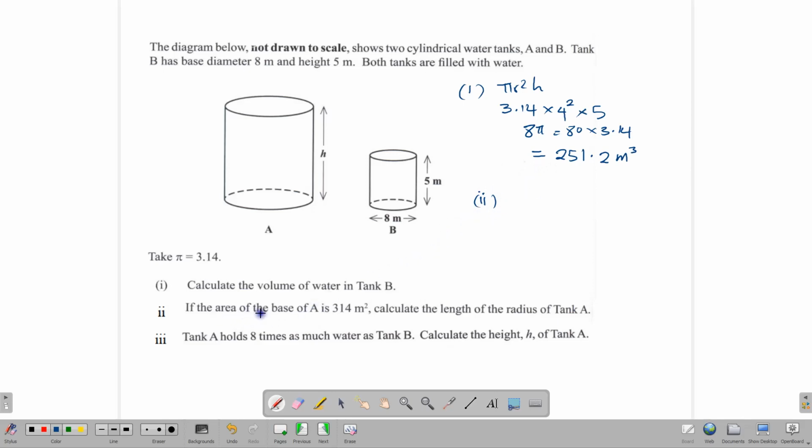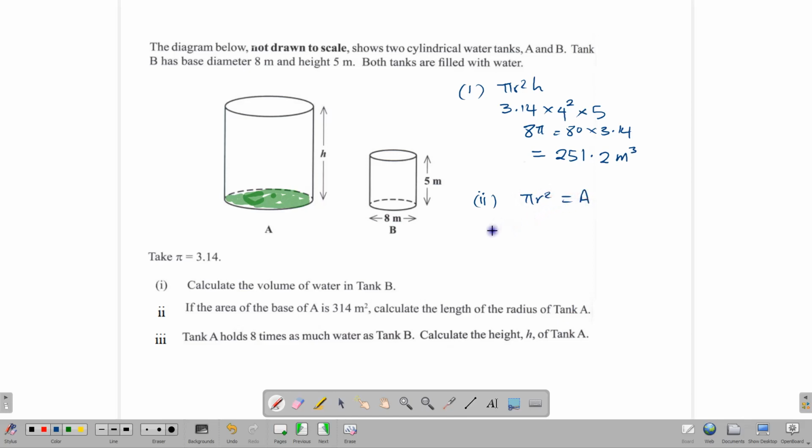The second part says the area of the base of A is 314 meters squared. So we are supposed to calculate the length of the radius of tank A. Notice here that this is the base, and the area of this base is 314. We can use the formula for a circle. The circle's area is given as pi r squared. That's how we calculate it.